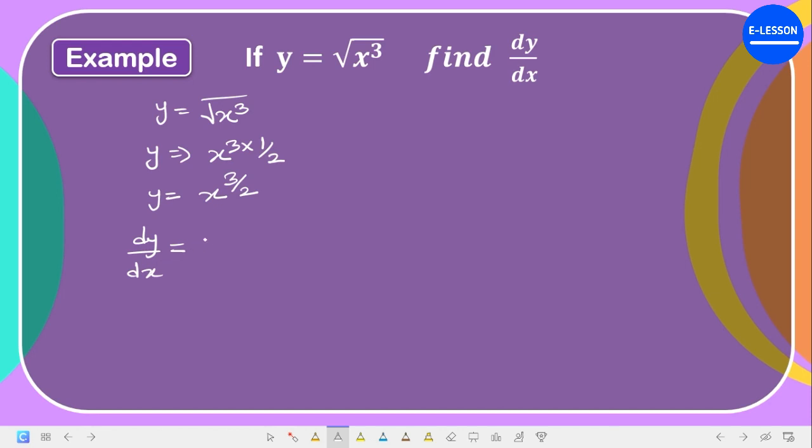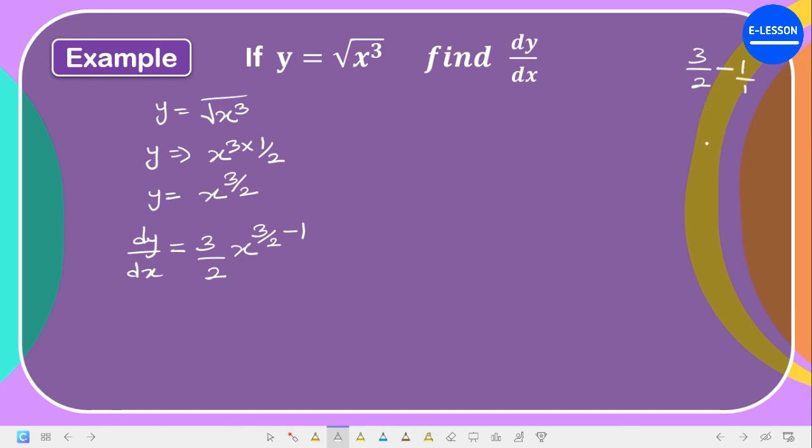So this is 3 over 2 times 1 is still 3 over 2. Then we have x. Subtract 1 from the power, it becomes 3 over 2 minus 1. Now 3 over 2 minus 1, we have it 3 over 2 minus 1 over 1.